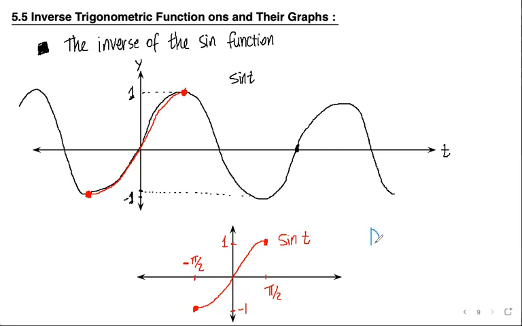What is the domain? From negative pi over 2 to pi over 2. And what is the range? From negative 1 to 1.